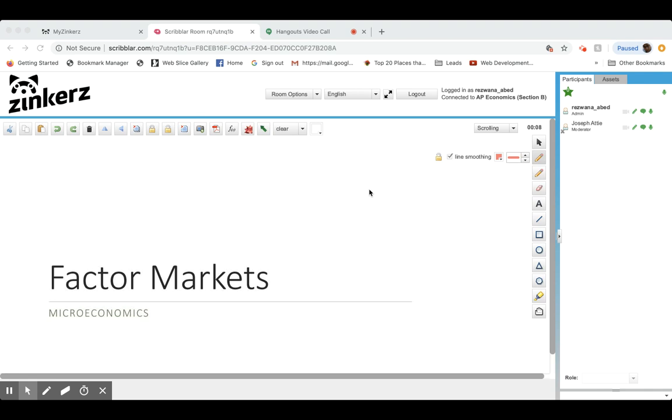Okay. So, yes, we are starting our discussion on factor markets today. Some part of it is going to be similar to what we have already discussed with regards to product market, but some of it might be different.